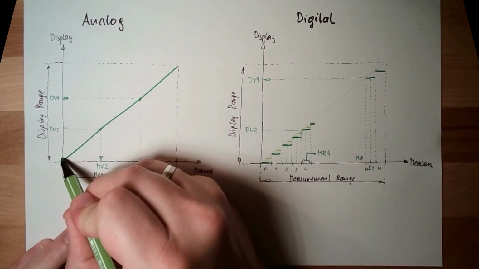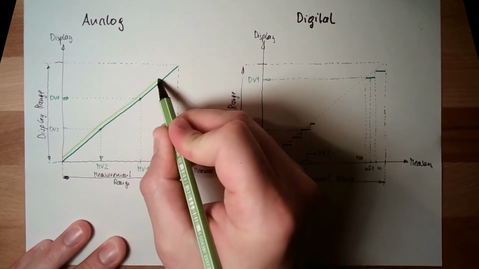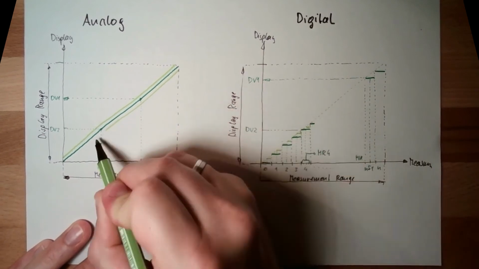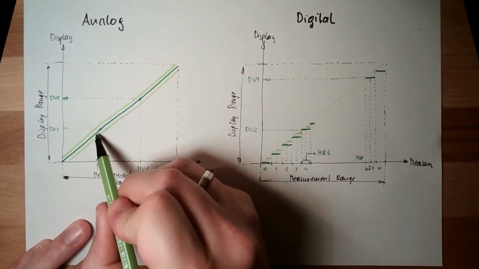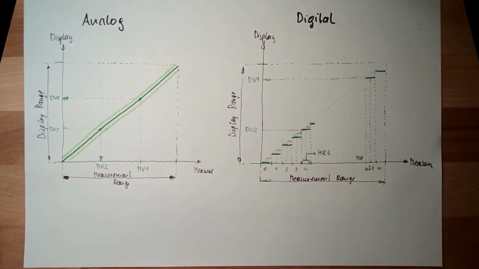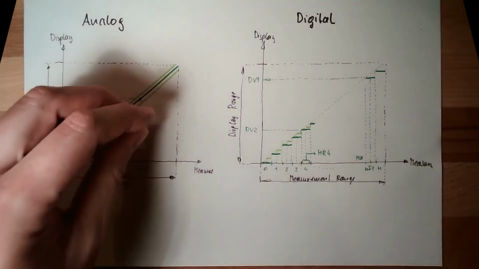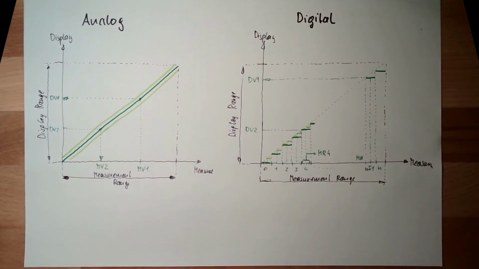Because of friction and so on, it is a little bit blurry. It's an area. And suddenly I have also here in both directions a range. So the real thing is a little bit blurry. It's not a fine line, it's a fat line.